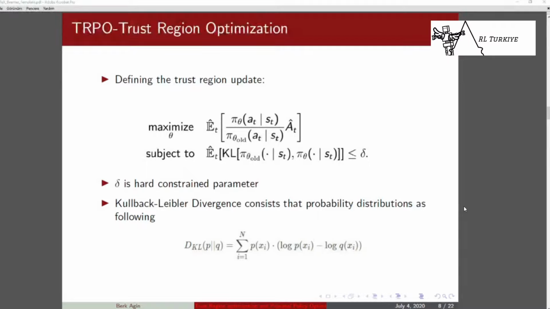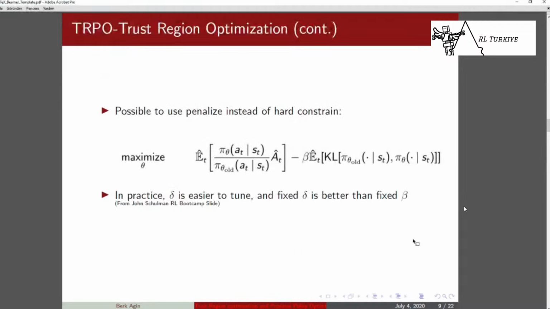After Kullback-Leibler divergence, it is possible to use a penalty instead of a hard constraint. This provides us a smoother update, and it is used in proximal policy optimization.